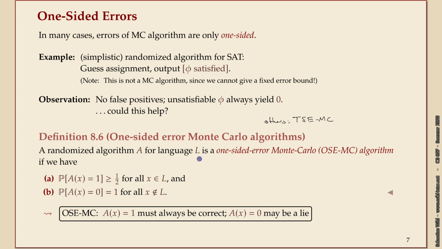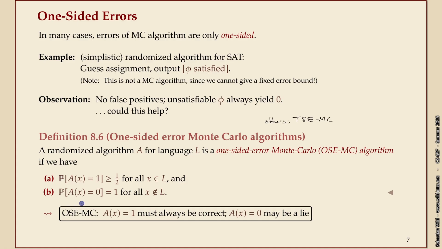If we have a language, it's only really sensible for decision problems. The algorithm has to accept a word that is in the language with probability at least 1/2.